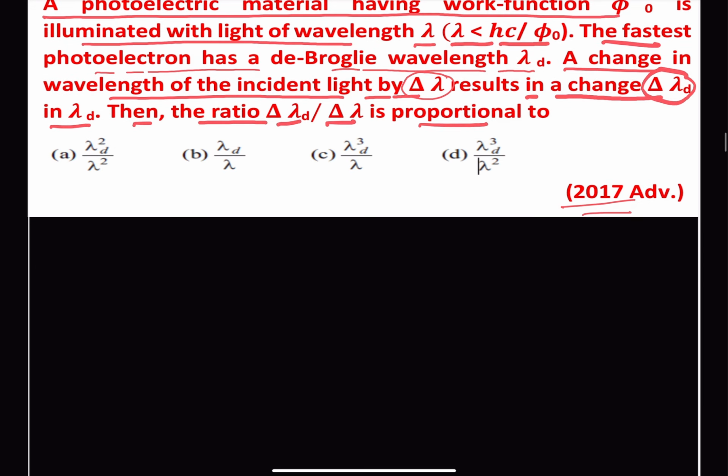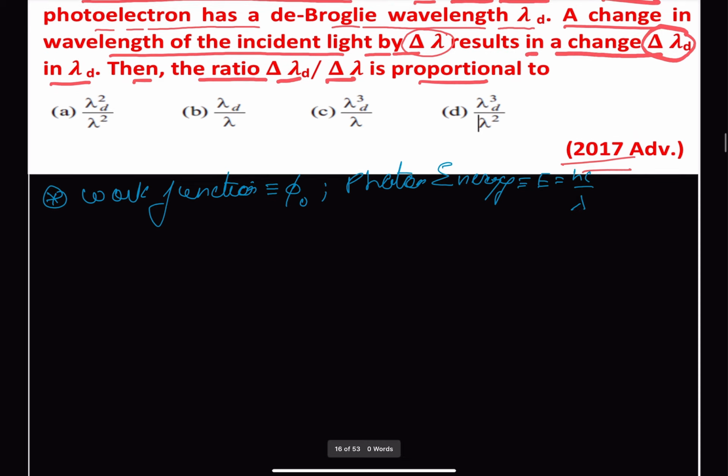So we are given that the work function is phi naught, and we already know that the photon energy E is given as hc upon lambda.